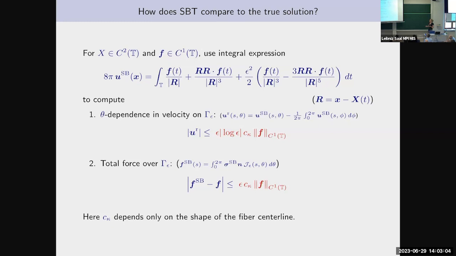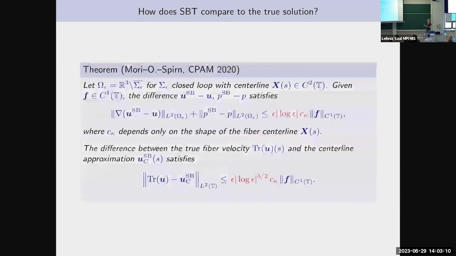And so putting these two error sources together, along with the energy estimate that we had before, we can get an error estimate between slender body theory and this notion of slender body PDE. And so in particular, the difference between slender body theory and the slender body PDE solution does go to 0 as epsilon goes to 0. So in the fluid domain, it goes to 0 like epsilon log epsilon as epsilon goes to 0.